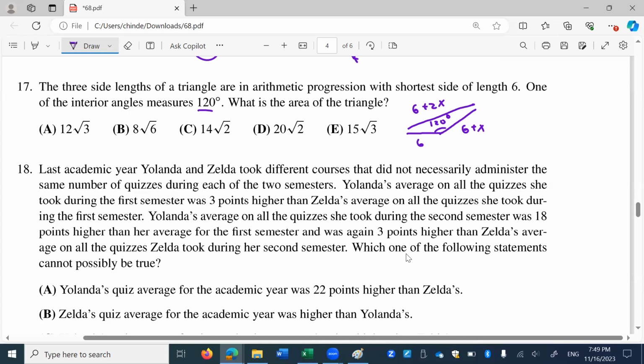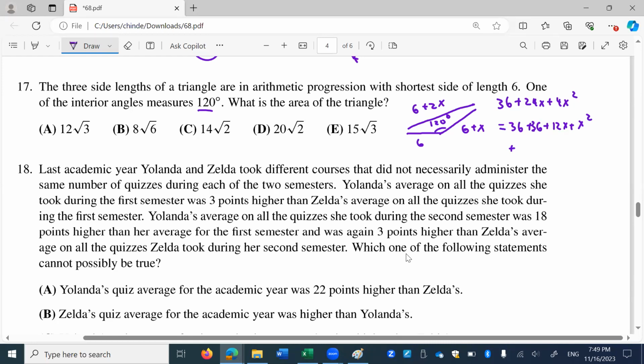So let's use our law of cosines. 6 plus 2x squared, 36 plus 24x plus 4x squared, is going to equal 6 squared plus 6 plus x squared, minus 2 times 6 times 6 plus x times cosine of 120 degrees.